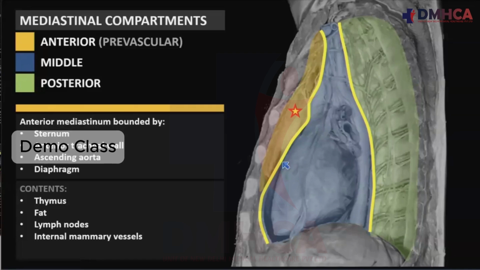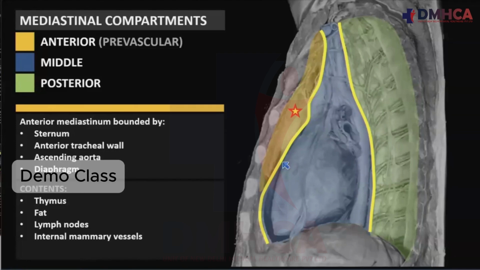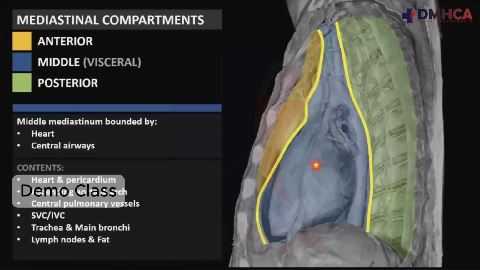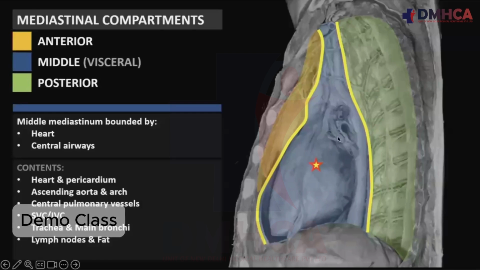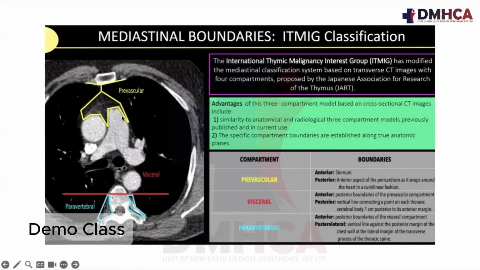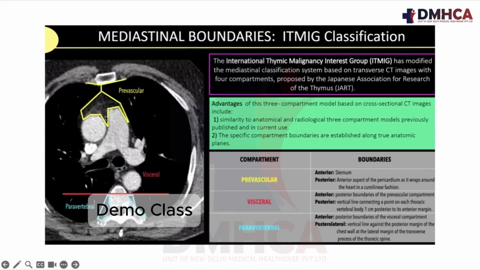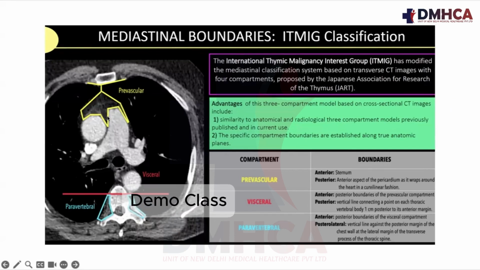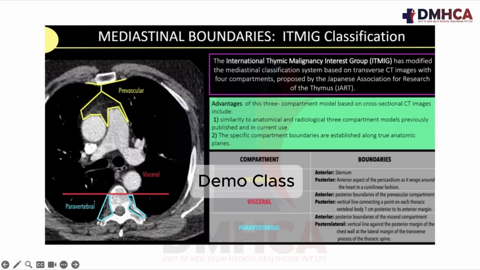Now, the anterior mediastinum contains the thymus, fat, lymph nodes, and internal mammary vessels. The middle mediastinum contains the heart, as you can see. They have divided it into the prevascular compartment, anterior to the pericardium. This area, in yellow, is all the anterior mediastinum.